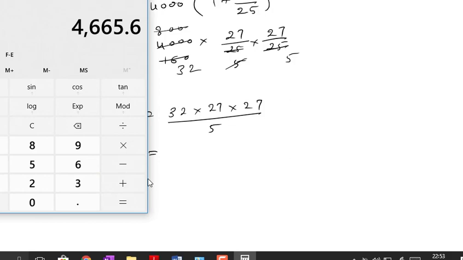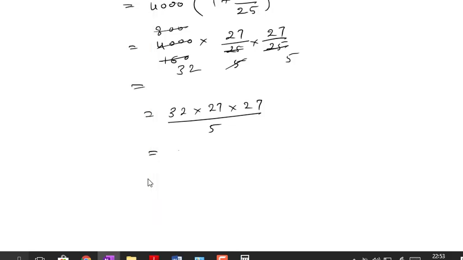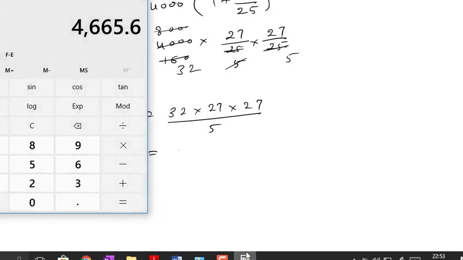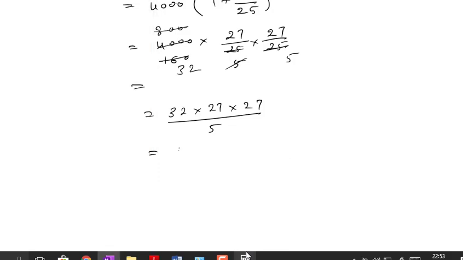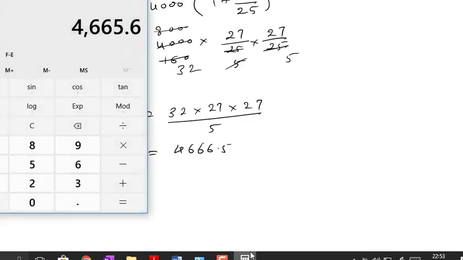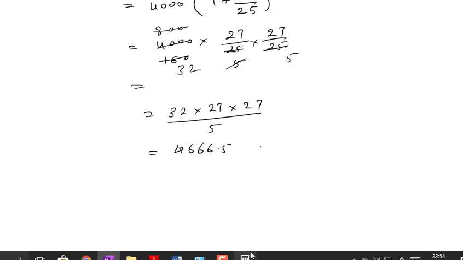So this gives the value 4665.6. This is the amount.